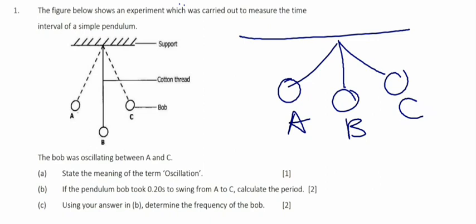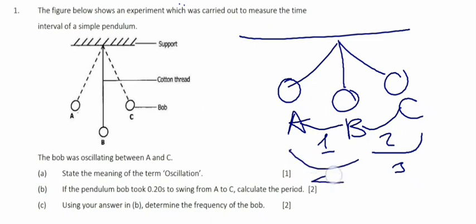Let's count. From A up to B, this is 1. Then from B up to C, this is 2. Then from C up to B, this is 3. Then from B up to A, this is 4. So here we have 4 moves.